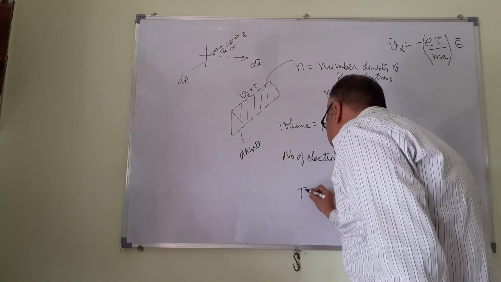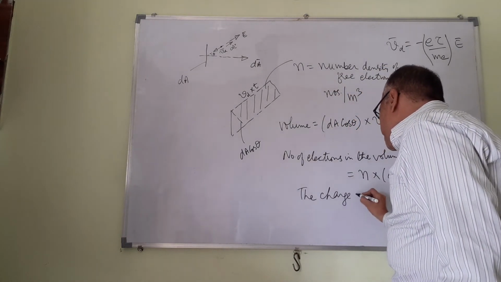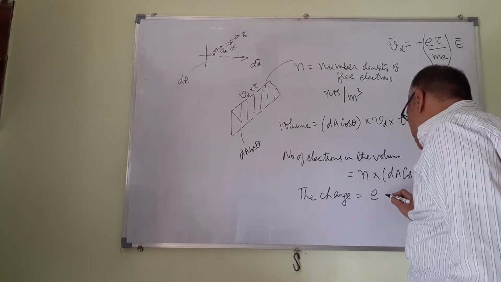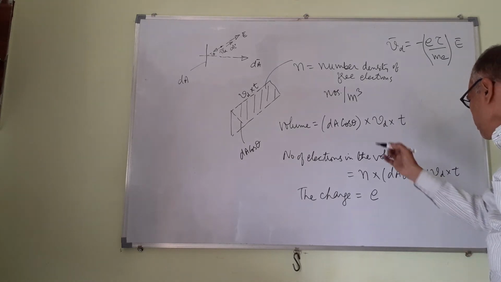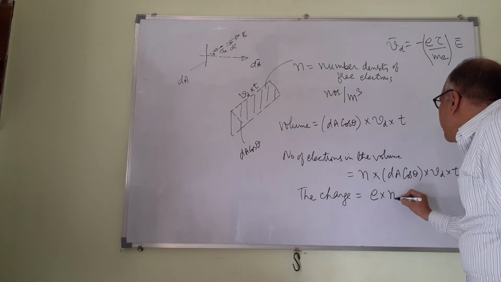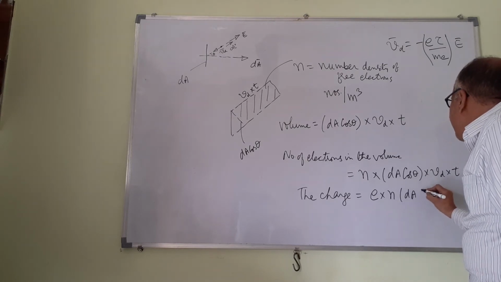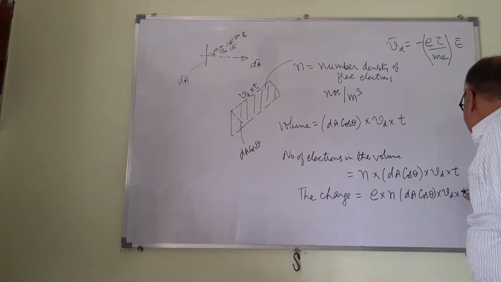The charge in the volume will be e into that number, where e is the charge on each electron. So e into N into dA cos theta into Vd into t.